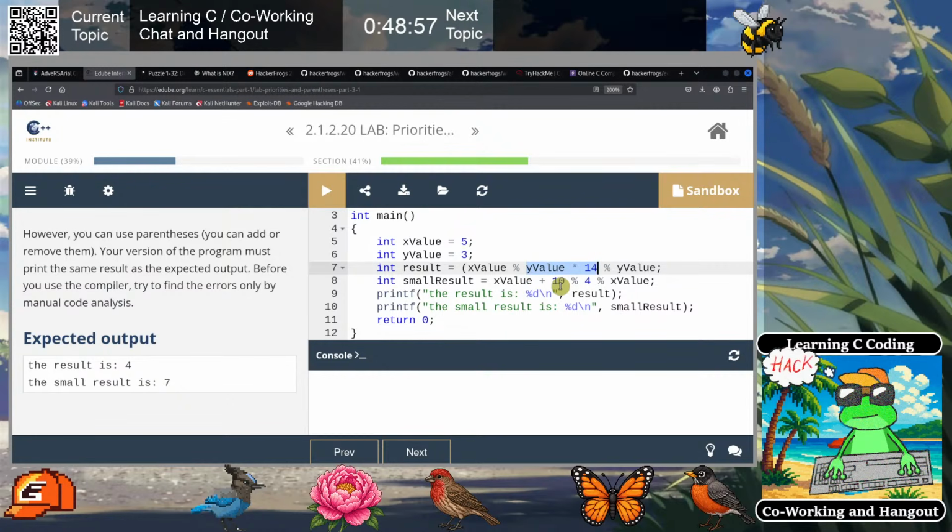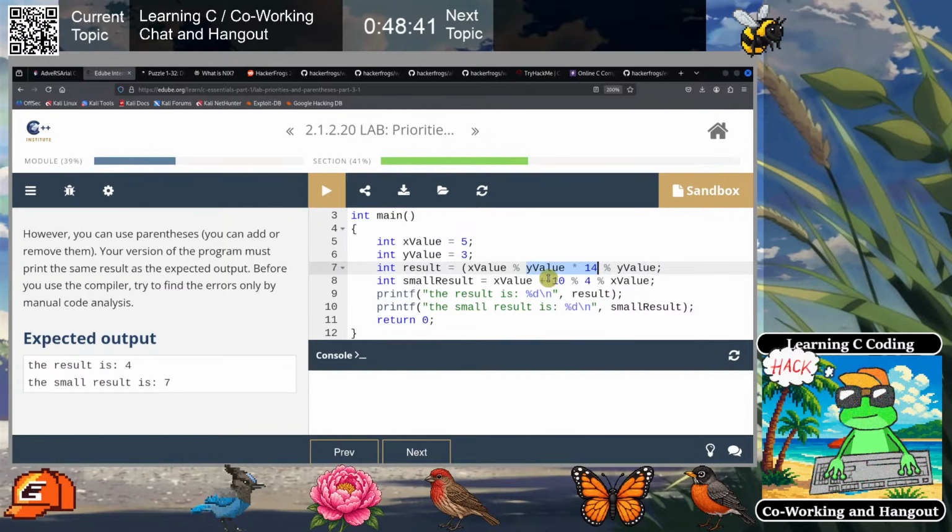Five modulo y value, 3 times 14. 3 times 14 is 30, 42.